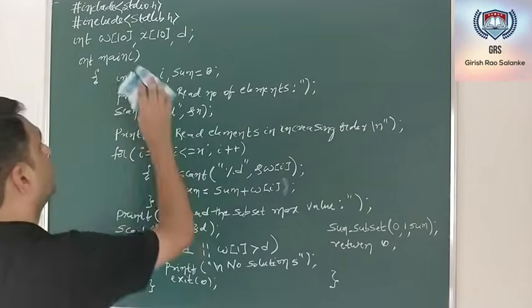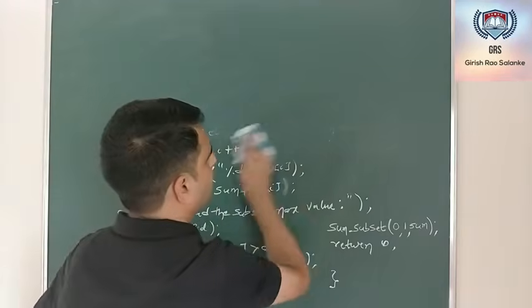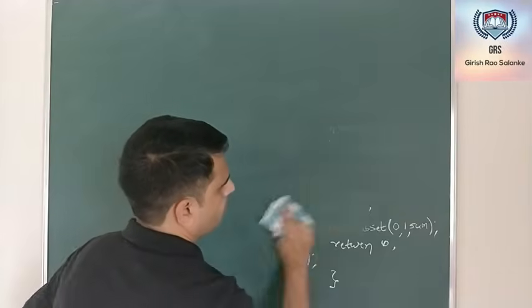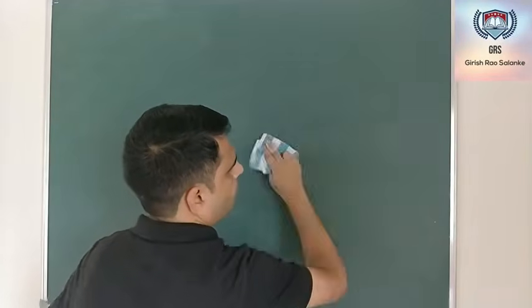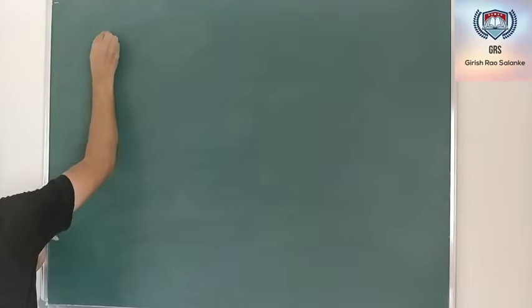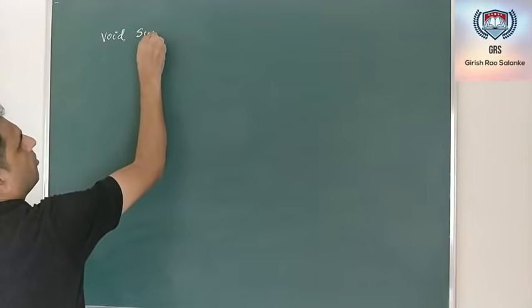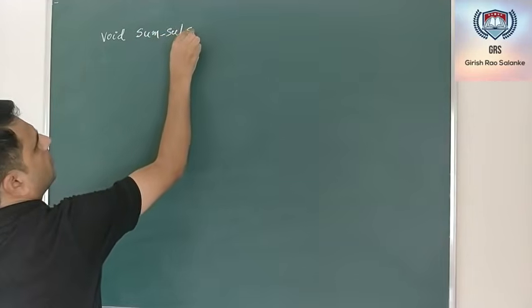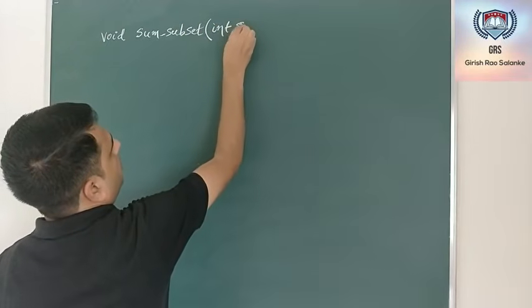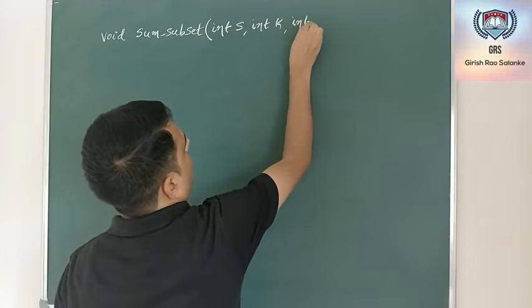So void sum underscore subset, int s, comma int k, comma int r.